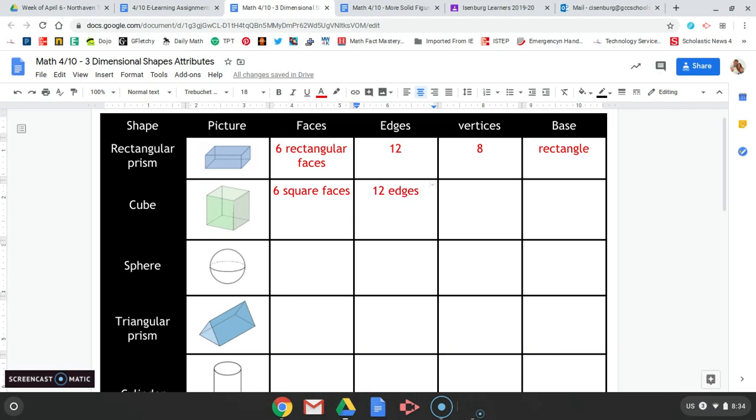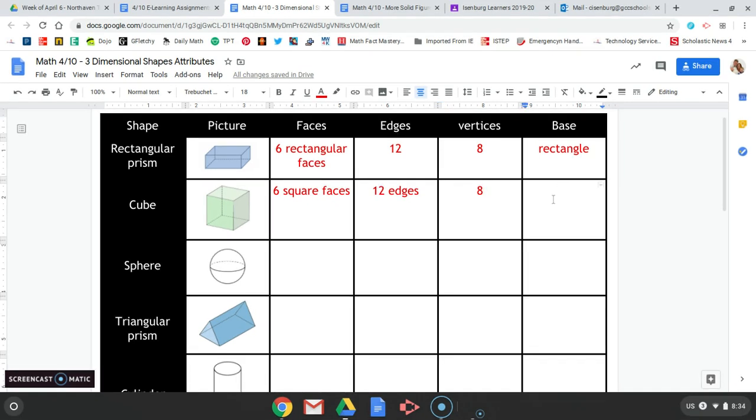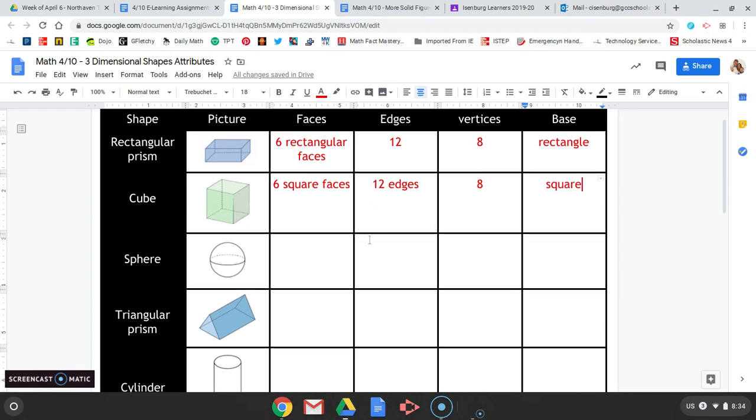Okay, so there are 4 on top, 4 on the bottom, and then 4 around the sides. For vertices, there are 8, just like with the rectangular prism, 4 on top, 4 on the bottom. And then the base of a cube is the shape of a square, because it has to have all square faces.